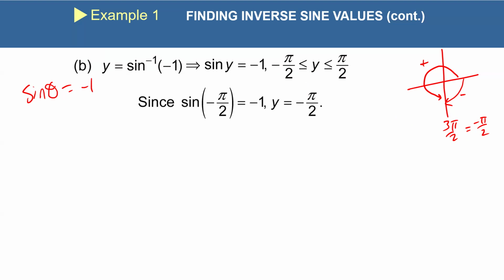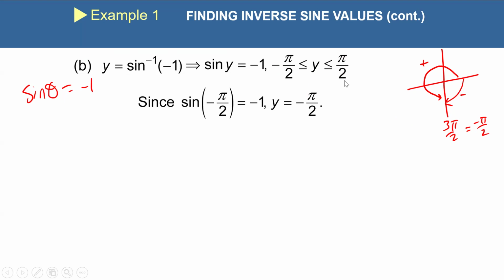I get it, I just don't see why it equals that. Because they're coterminal angles. Because they gave me a restriction. It says your y has to be between negative pi over 2 and positive pi over 2.